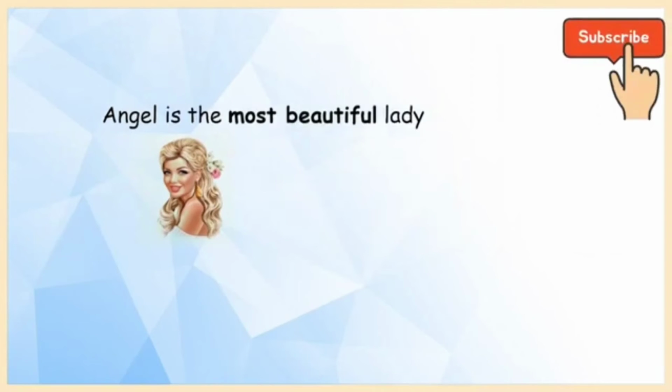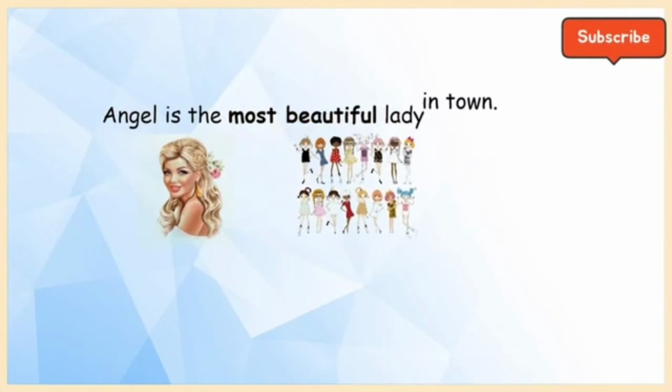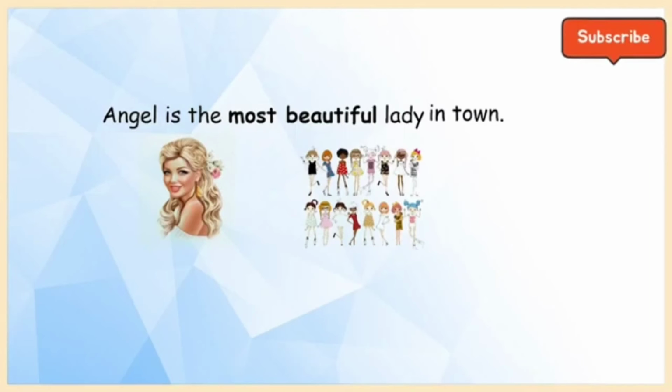Angel is the most beautiful lady in town. Excellent. When the positive is a word of two or more syllables, we add more and most before the adjective to form comparative and superlative degrees.